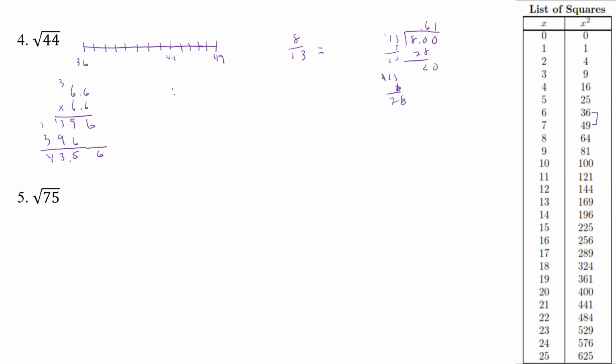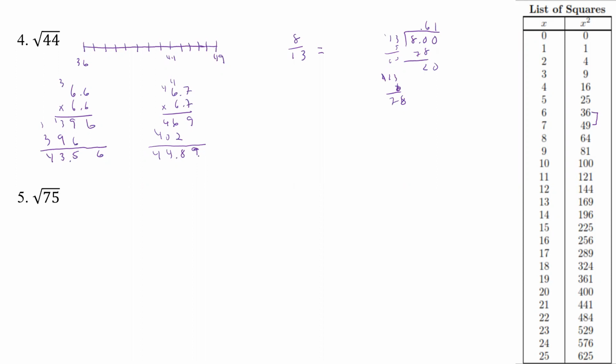So let's try 6.7. And if we multiply that, 7 times 7 is 49. That's 42 plus 4 is 46. Here that's 42. That's 36 plus 4 is 40. That's 9, that's 8, that's 4, that's a 4. And 2 spaces.